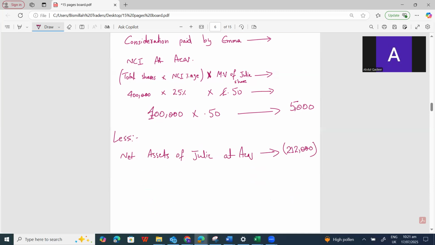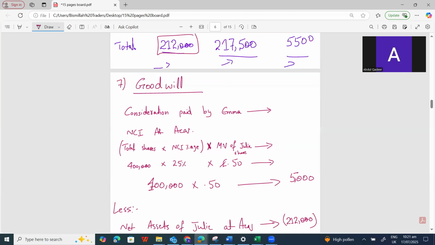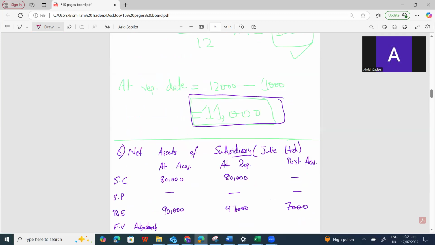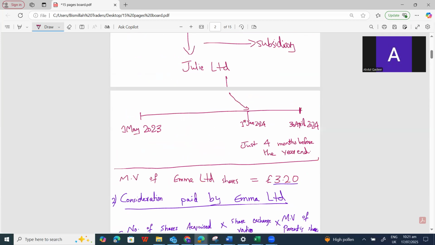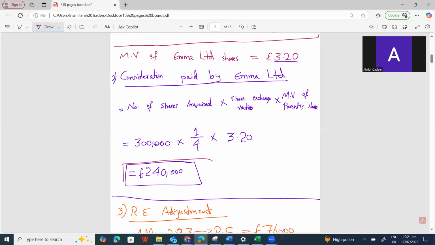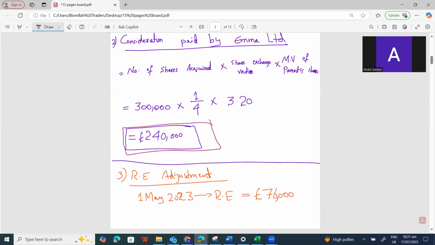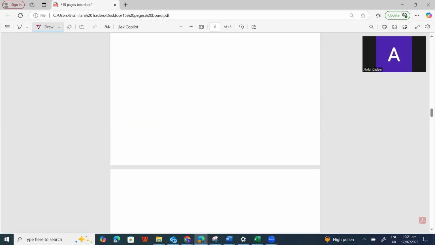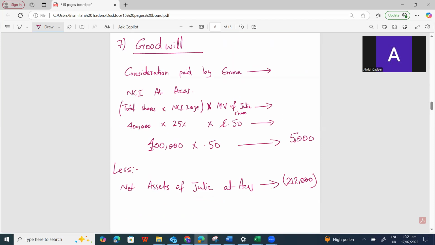Now, the consideration paid by Emma Limited we have calculated above. It was a share exchange, and this is £240,000, plus NCI at acquisition.